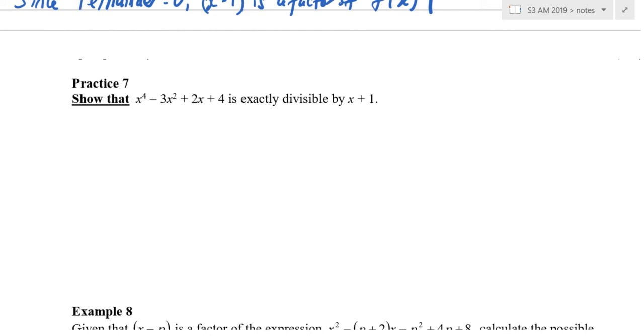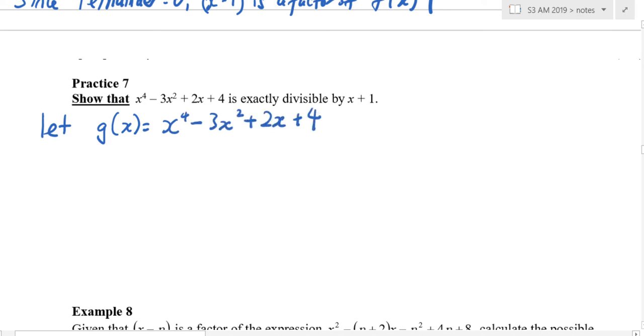So what do you do? Let what? Very good. So can you write down? Let g(x) equal, choose your favorite alphabet. Can. But I just want to show you that there's some variety.